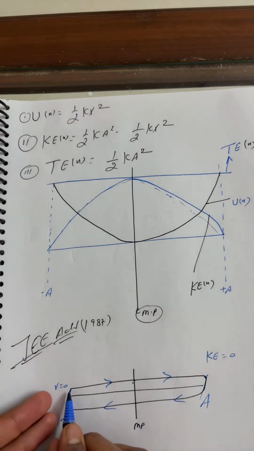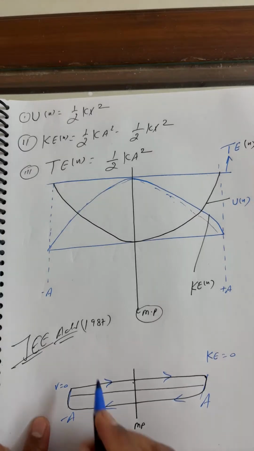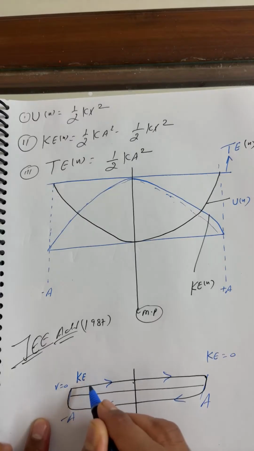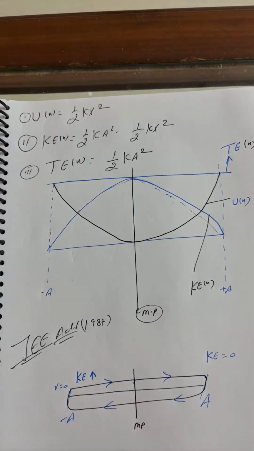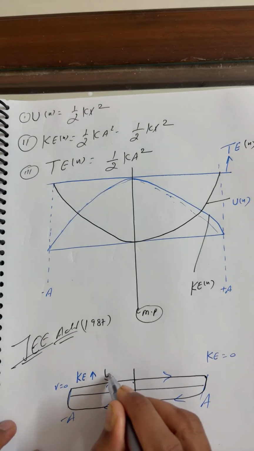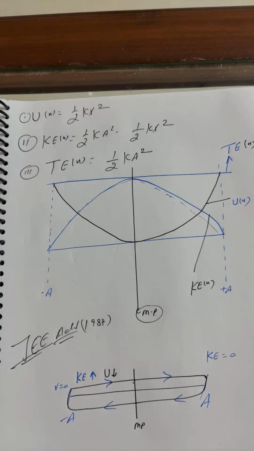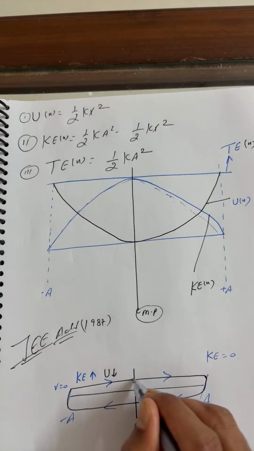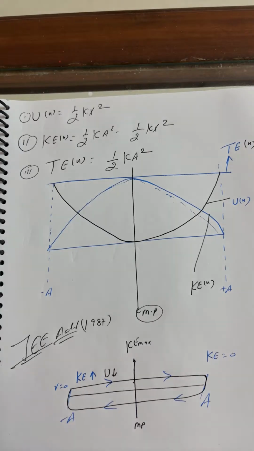Beta, you can see if the particle is released from here, the velocity is increasing. Students, if velocity is increasing, kinetic energy is increasing, right? Kinetic energy increasing, so potential energy is decreasing. If you are at the mean position, velocity is maximum, so at the mean position kinetic energy is also maximum.